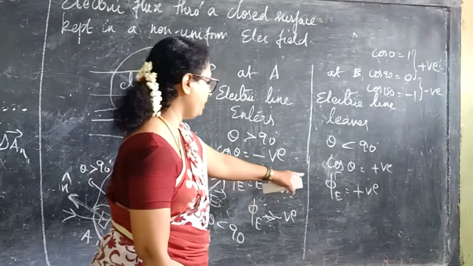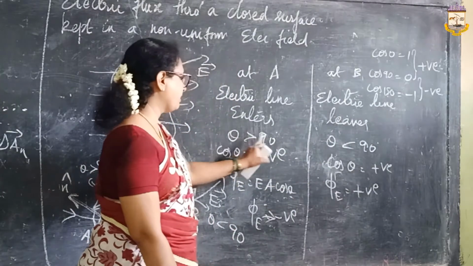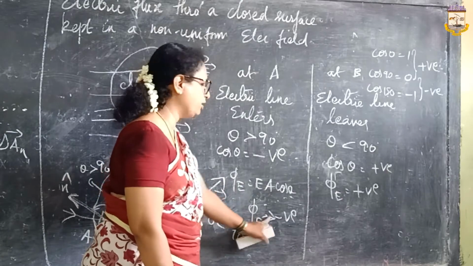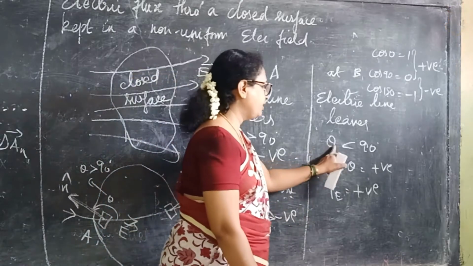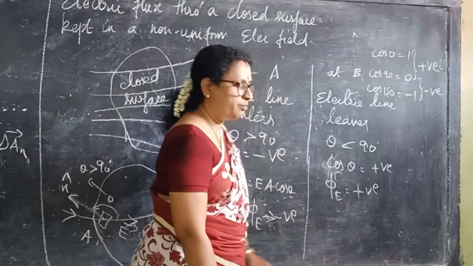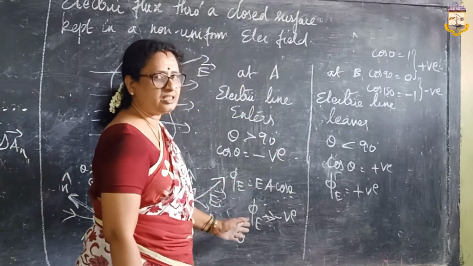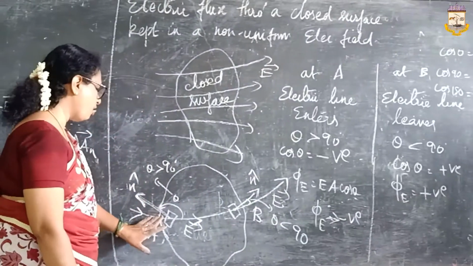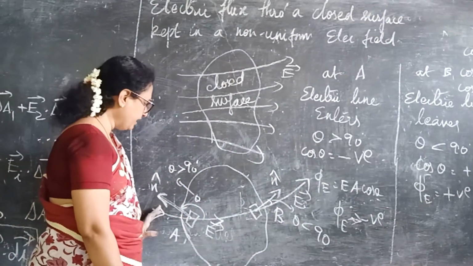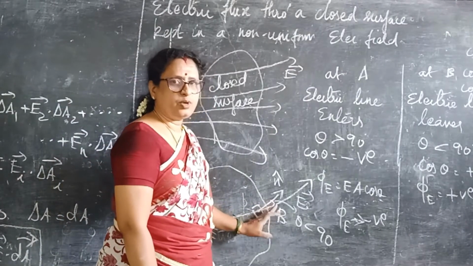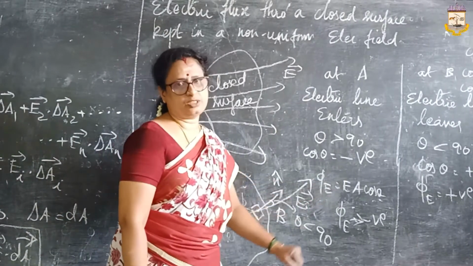If theta is greater than 90, cos theta is negative, and phi e will also be negative. So what do we understand from this? Electric flux is negative at all points where the electric lines enter the closed surface, and it is positive at all points where the electric lines leave the closed surface.